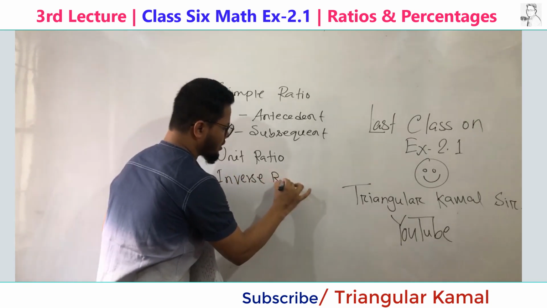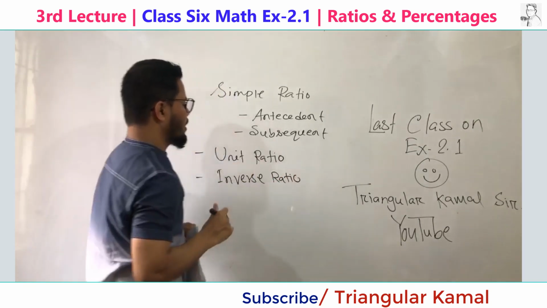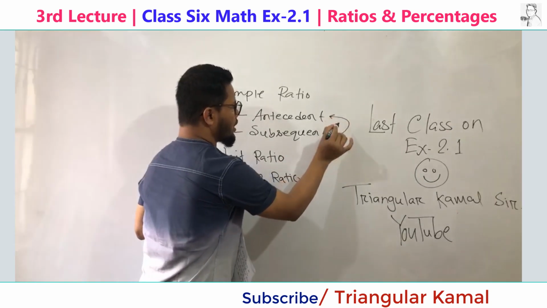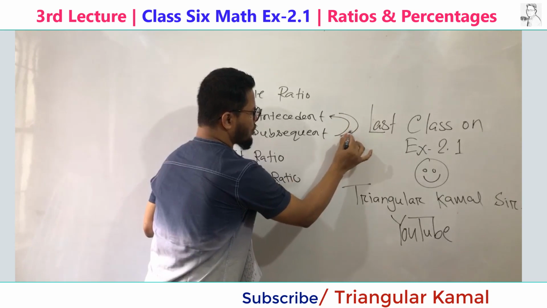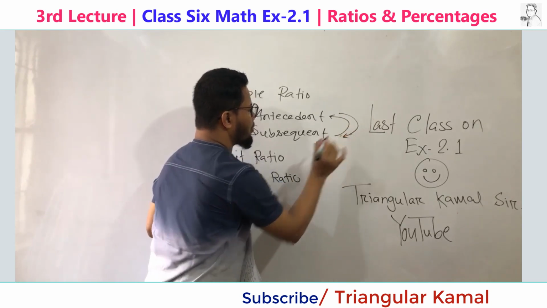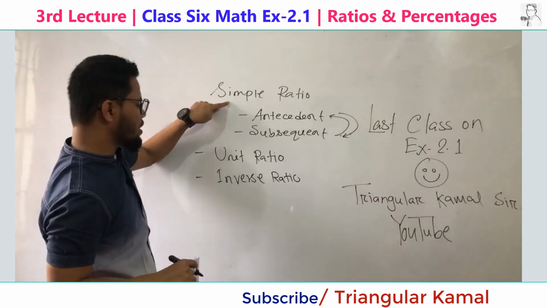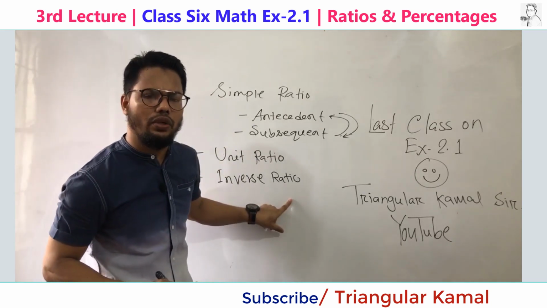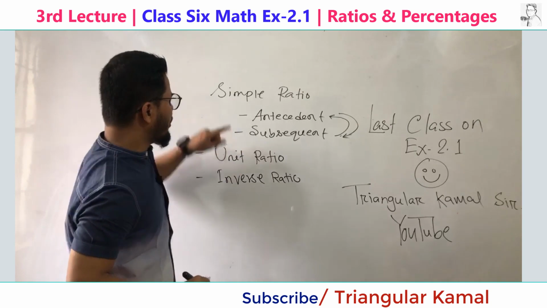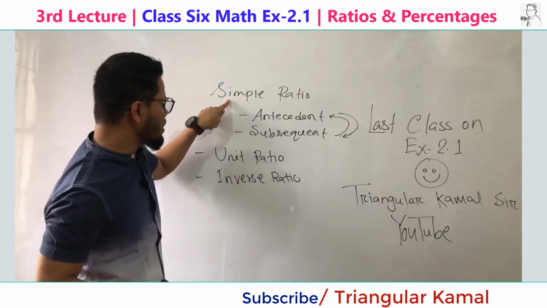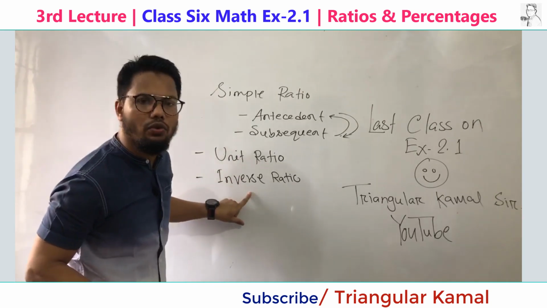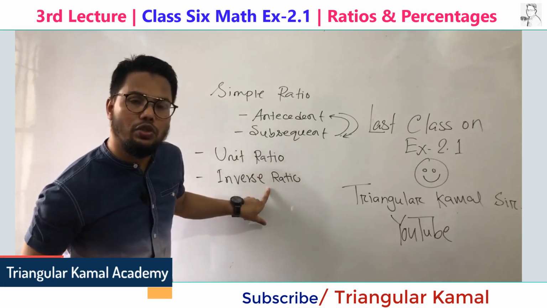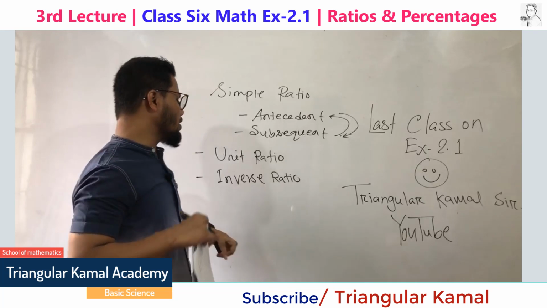In an inverse ratio, the subsequent is converted to the antecedent, and the antecedent is converted into the subsequent. Then the symbol ratio is converted as an inverse ratio. An inverse ratio is also a simple ratio. When the ratio is the less quantity, its inverse will be the greater quantity. When the simple ratio is the greater quantity, its inverse will be the smaller quantity, or less quantity.